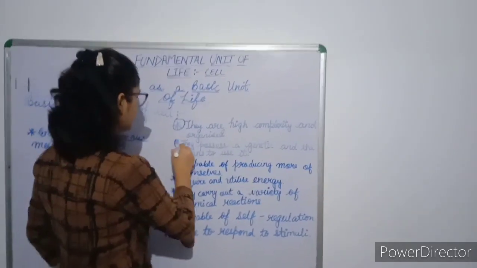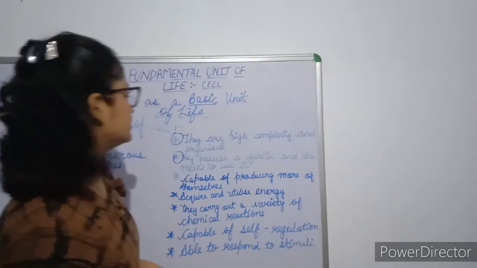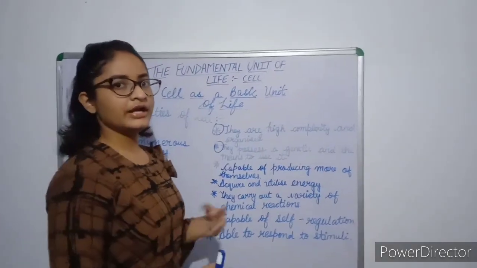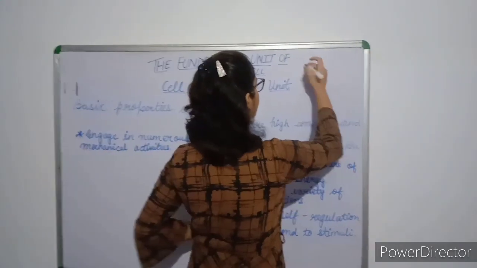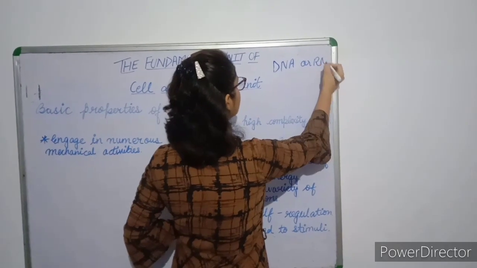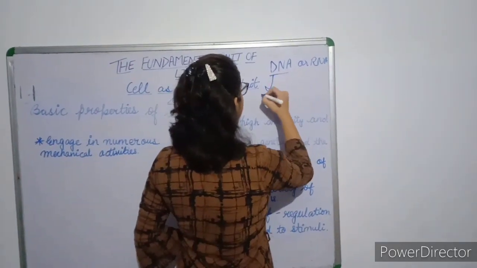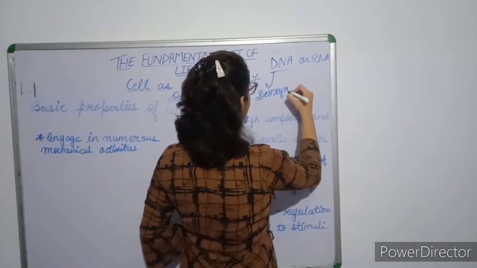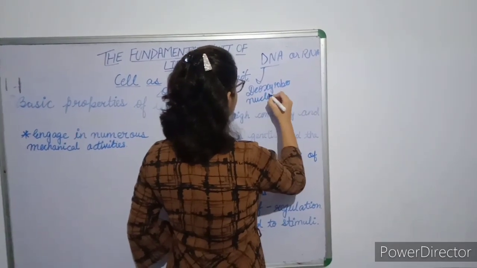Now the next point, they possess a genetic program and the means to use it. We know that the nucleus is the brain of the cell. It has genetic material stored in it in the form of DNA or RNA. They are all polynucleic acids. DNA is deoxyribonucleic acid and RNA is ribonucleic acid.